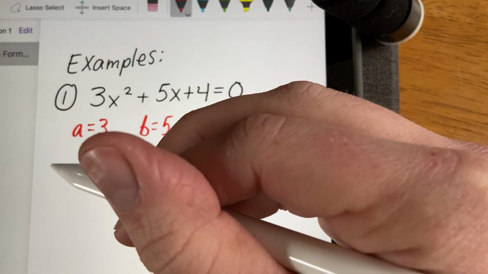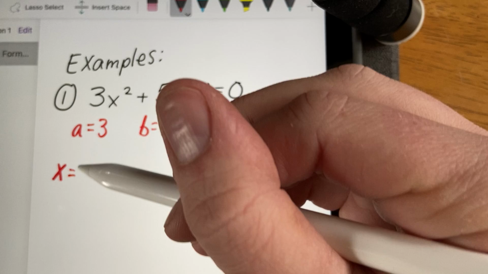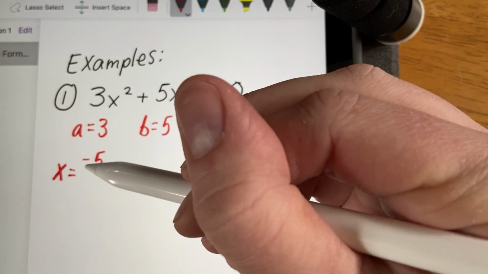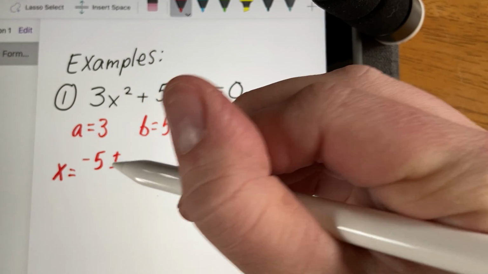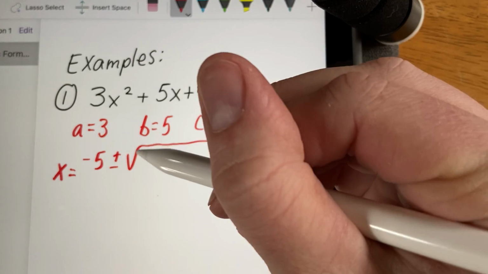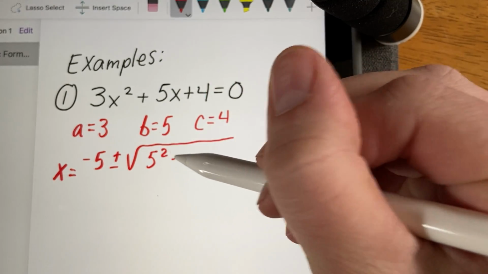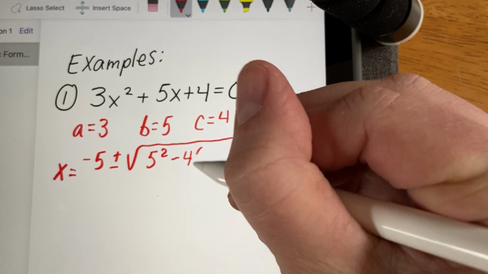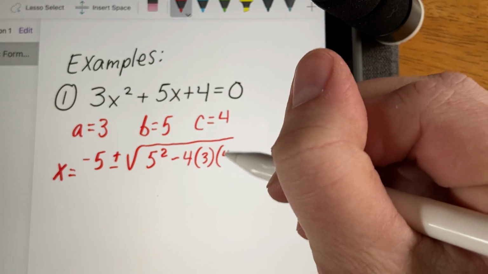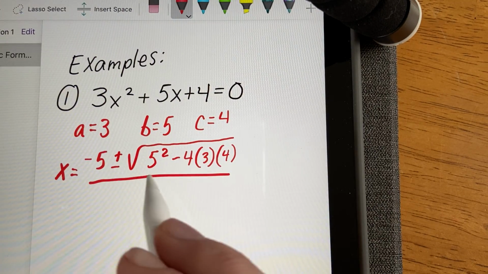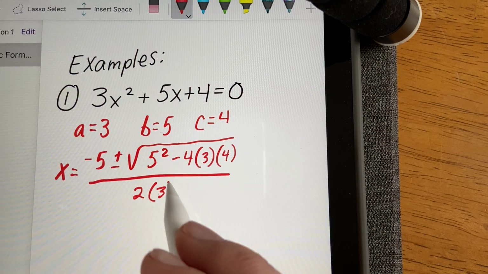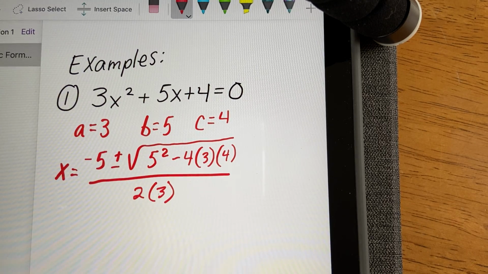So now I can plug this into my formula. X equals negative 5 plus or minus the square root 5 squared minus 4 times 3 times 4, and that's all over 2 times 3.